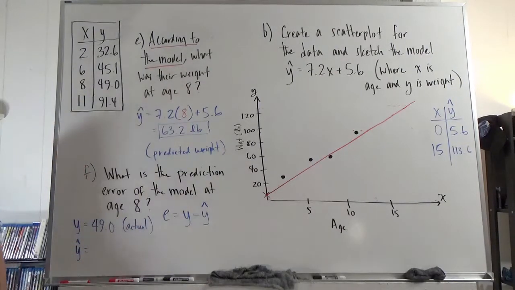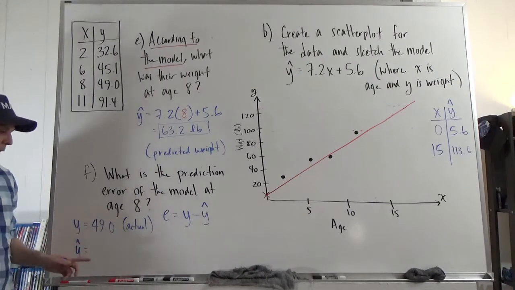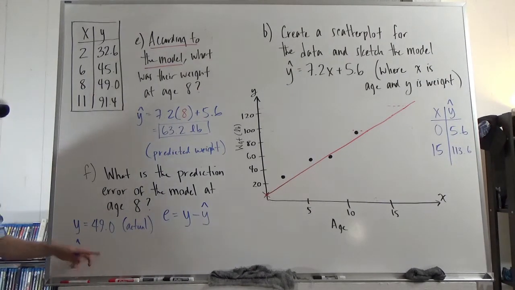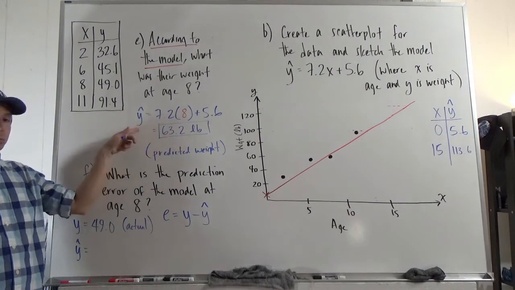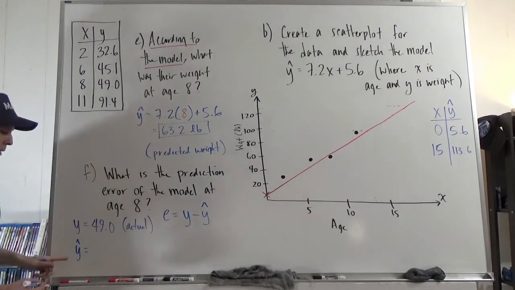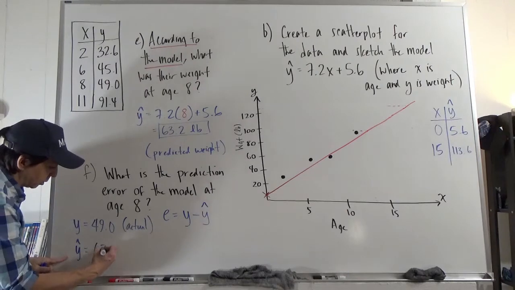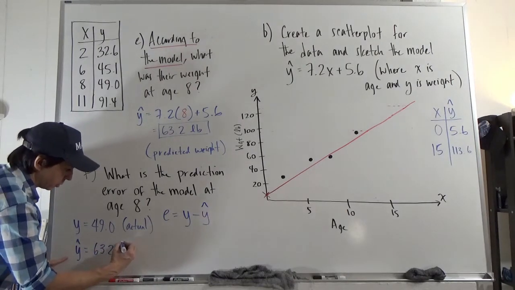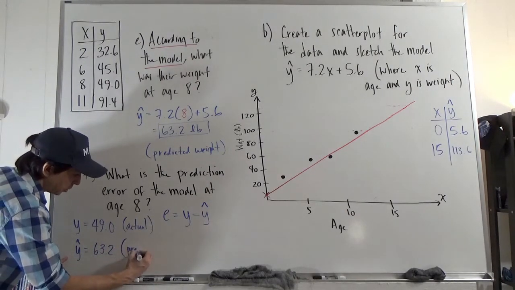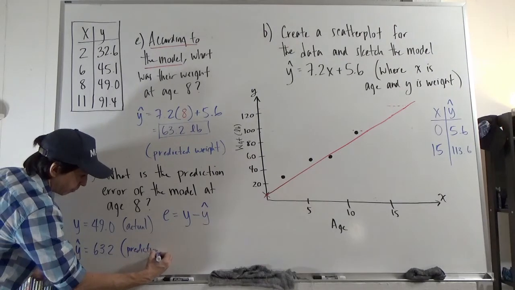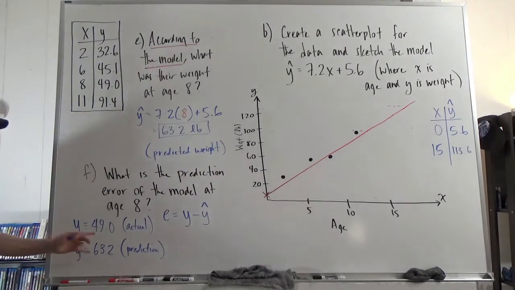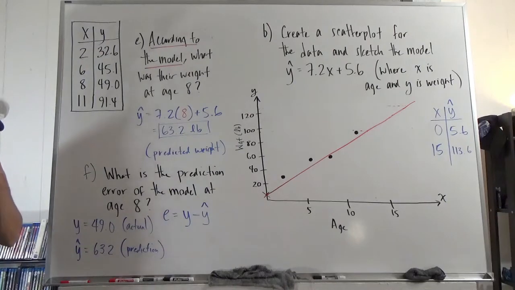Actual or observed value is a more formal way of writing it, but I'll say actual. Y hat, that's your model. What does the model predict? The model predicted 63.2. We use Y hat in our model, so it kind of keeps it straight for us. 63.2 pounds. That's our model's prediction. And it was off by whatever the difference is, but we have to subtract in the correct order and get the correct sign.